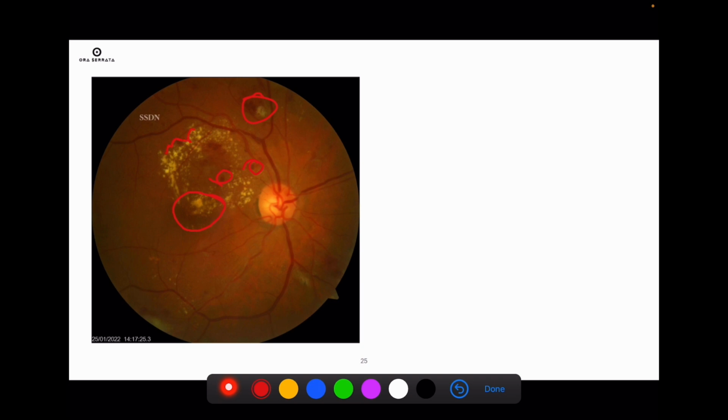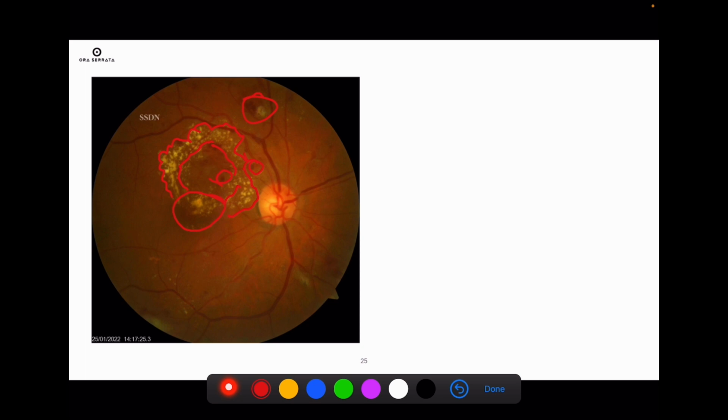There is collection of these yellow precipitates. Usually these yellow precipitates signify that there is a leaking microaneurysm, or there could also be a diffuse leakage in that region and not simply from a single microaneurysm.